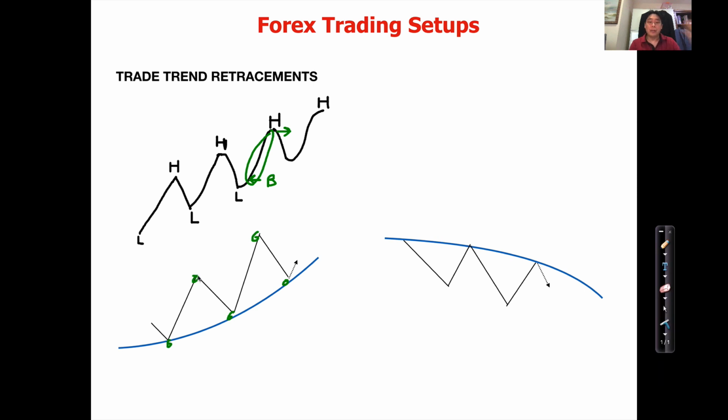Every time it breathes in, the moment it hits a level of support, like a moving average or a trend line, and you see some kind of bullish candlestick pattern, you combine candlesticks with trends with moving averages. So you see a bullish engulfing, you see a pin bar, boom, you get in and buy, and you enter the trade and take profit wherever you want. As long as you're risking one to make more than one, you are profitable. So that's a trend retracement on an uptrend.